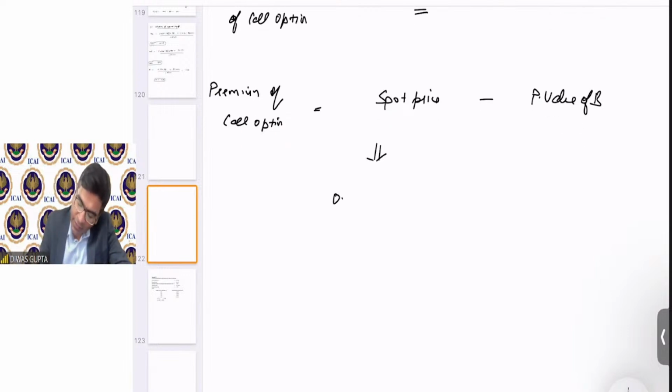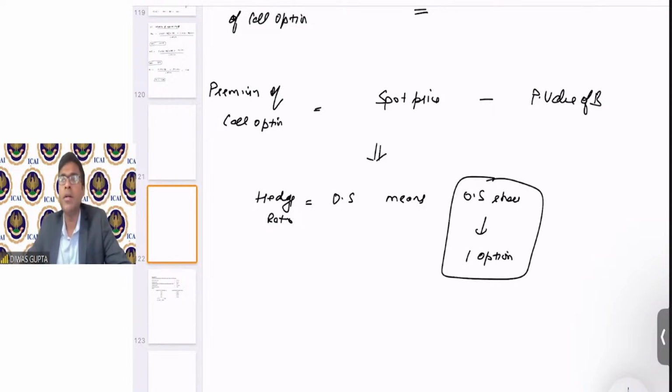So there we discussed that a hedge ratio of 0.5 means 0.5 shares for one option. Correct? See, students, because we cannot say that the exact movement of the share is equal to the exact movement of the price of the option.